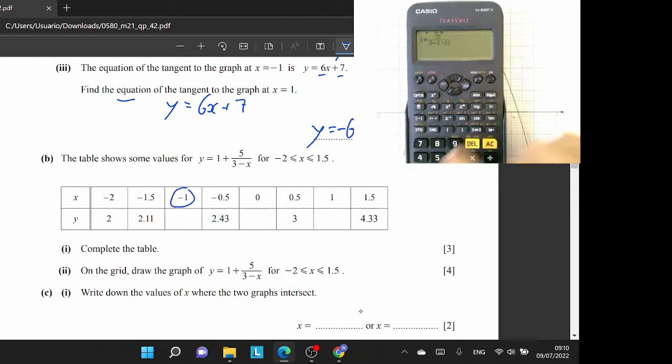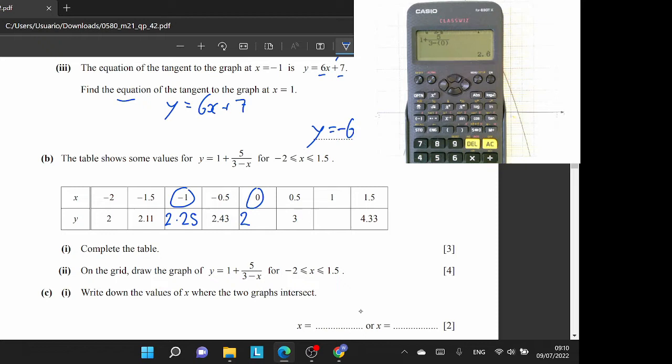It's always safe to use brackets, equals, and we got the first value 2.25. Okay, make sure you write this to 3 significant figures at least. Next value we need to put in there 0. Let's go back with the arrows, change the -1 to 0, and we have 2.6 recurring.